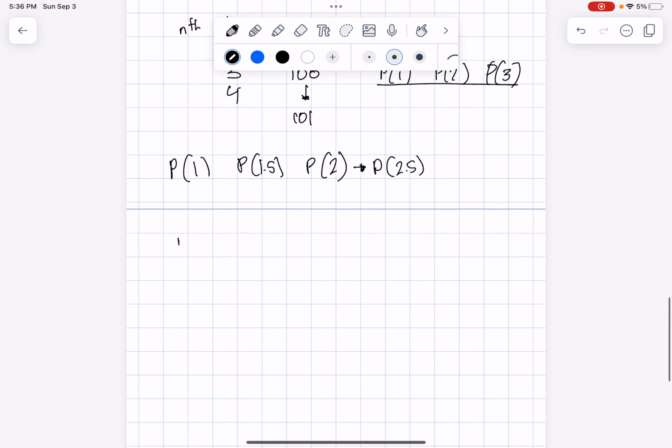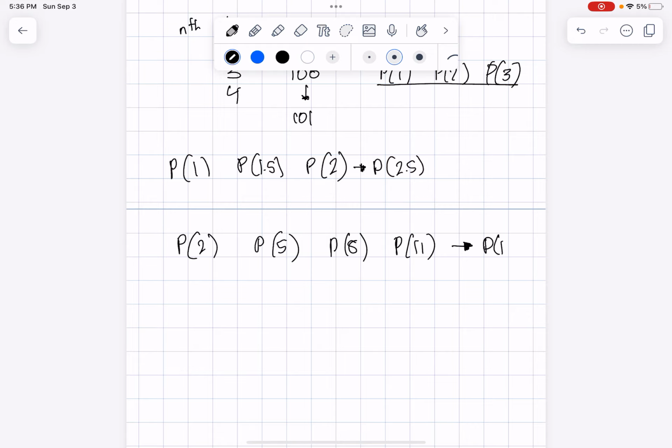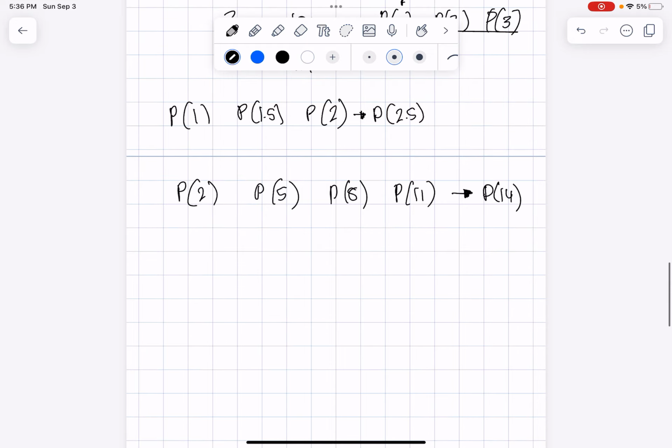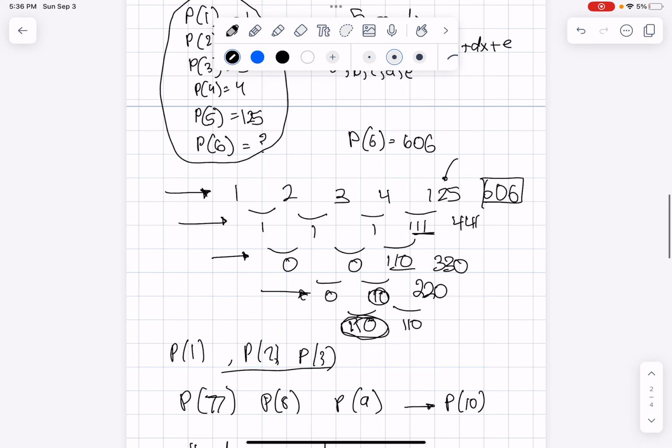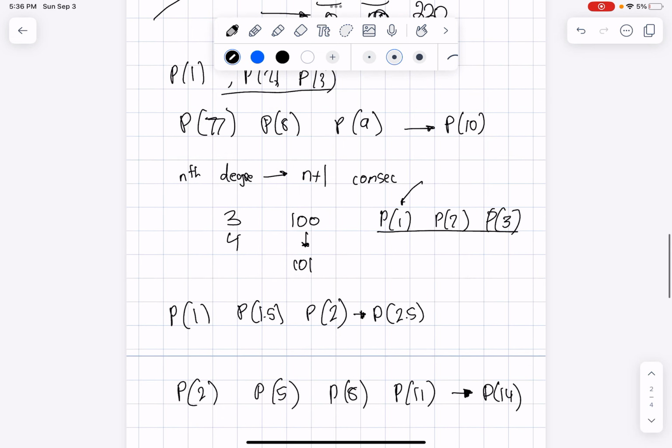Similarly, if you were given p of 2, p of 5, p of 8, and p of 11 for a cubic equation, you would easily be able to find p of 14. All in all, this method is much, much easier than solving it the traditional way, and I hope this helps.